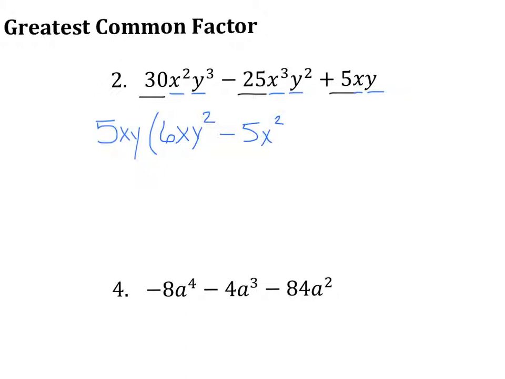Remove an X, remove a Y. 5 divided by 5 is 1. Remove an X and remove a Y gives me no X's or Y's. And I'm done, and so that's the answer. That is factoring using greatest common factor.